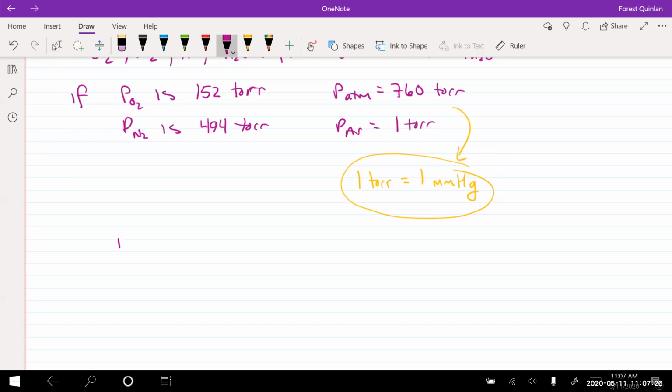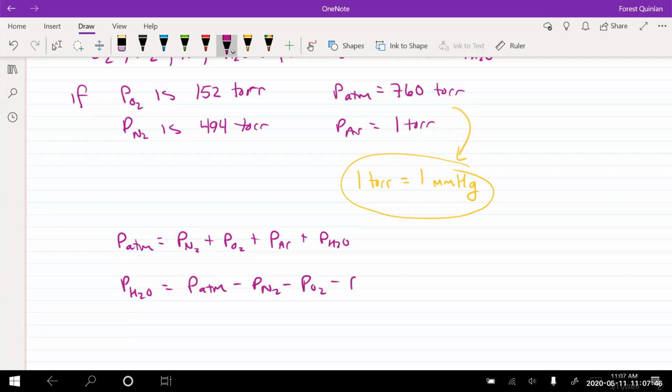But we know that the pressure of the atmosphere is equal to the pressure of the nitrogen plus the pressure of the oxygen plus the pressure of the argon plus the pressure of the water. We wanted the pressure of the water, so that's the atmospheric pressure minus the nitrogen, minus the oxygen, and minus the argon.